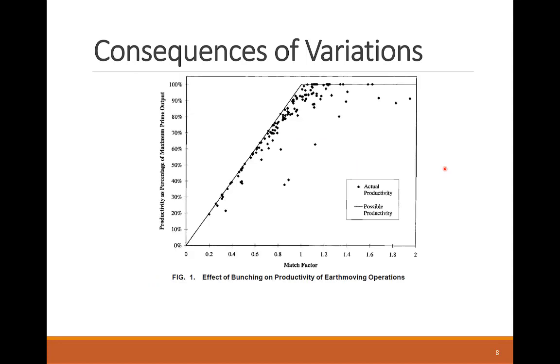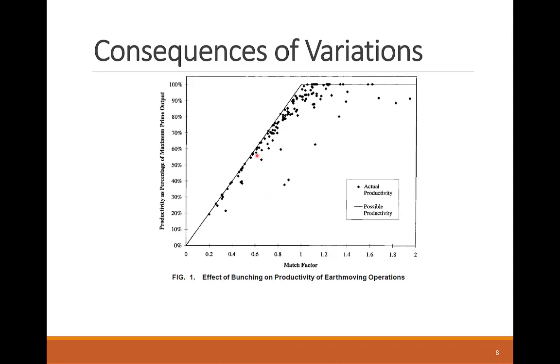This fact was investigated by a study where researchers observed the productivity of a crew and compared it to the theoretical possible productivity. The horizontal axis is for a match factor, which is the ratio between the truck and loader productivity values, which equals 1 at the balance point.